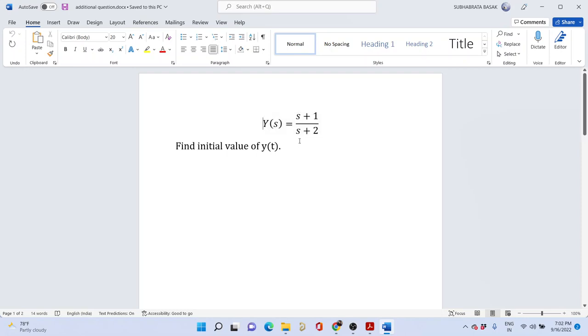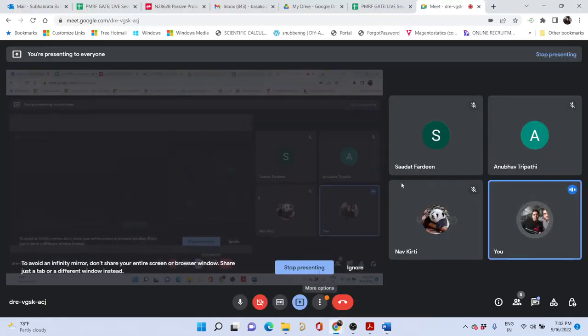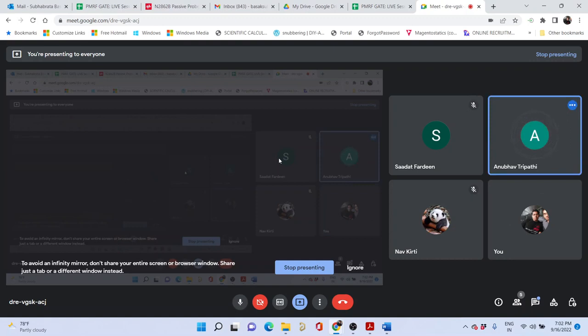When is the final value theorem not applicable? When can you not apply the final value theorem? When does it fail? Unstable systems.